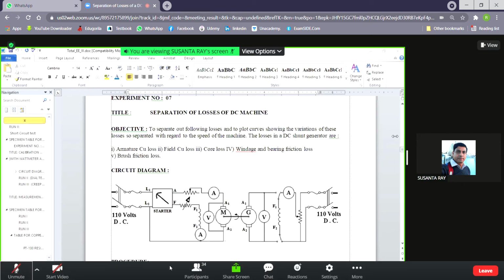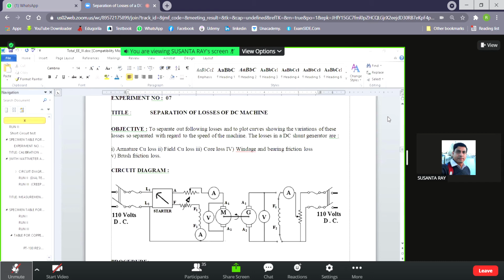As Ahona mentioned, the frequency of magnetic flux reversal is a function of speed, and that is given by a very well known formula, F equals Pn by 2, where small n is RPS, or if you express it in capital N, that is RPM, then F equals P capital N by 120.